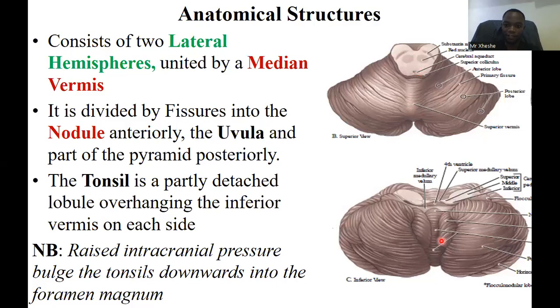The vermis on the inferior surface, we call the inferior median vermis. Median because it is in the midline of the body. On either side, we are going to find the hemispheres of the cerebellum. That is the vermis, continuing on the undersurface there as the inferior vermis.